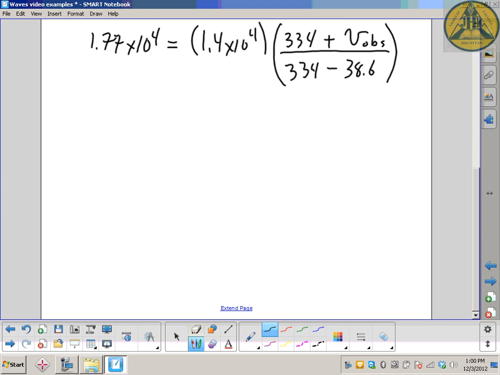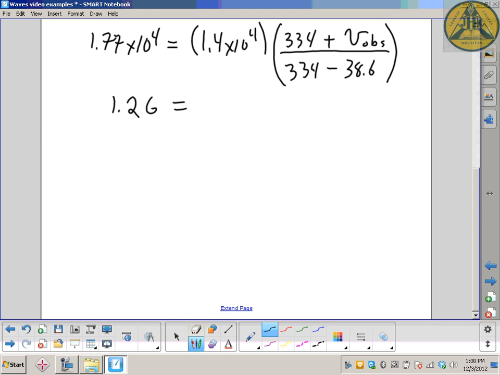To make it a little bit easier, I'm going to divide both sides by the 1.4 times 10 to the 4. So I'll do this in a couple of steps. So 1.77 times 10 to the 4 divided by 1.4 times 10 to the 4 is 1.26. So again, I'm not writing that all down, but I divided both sides by the source frequency, 1.4 times 10 to the 4.